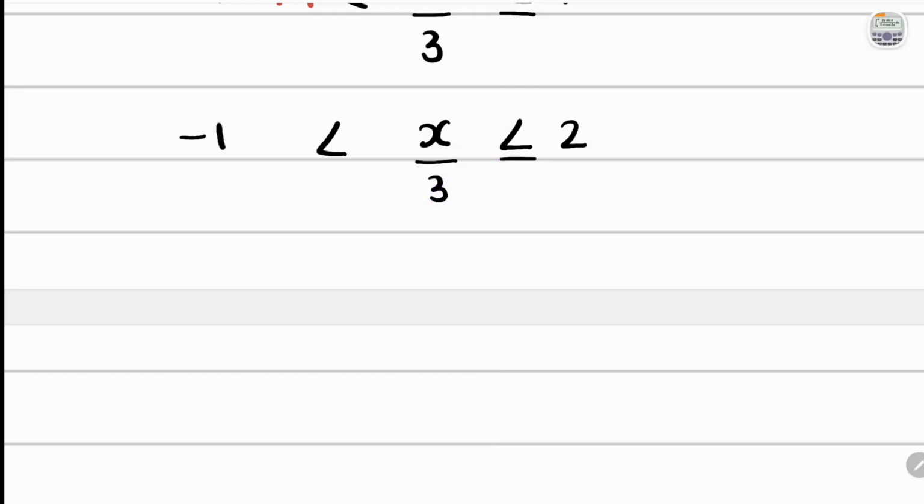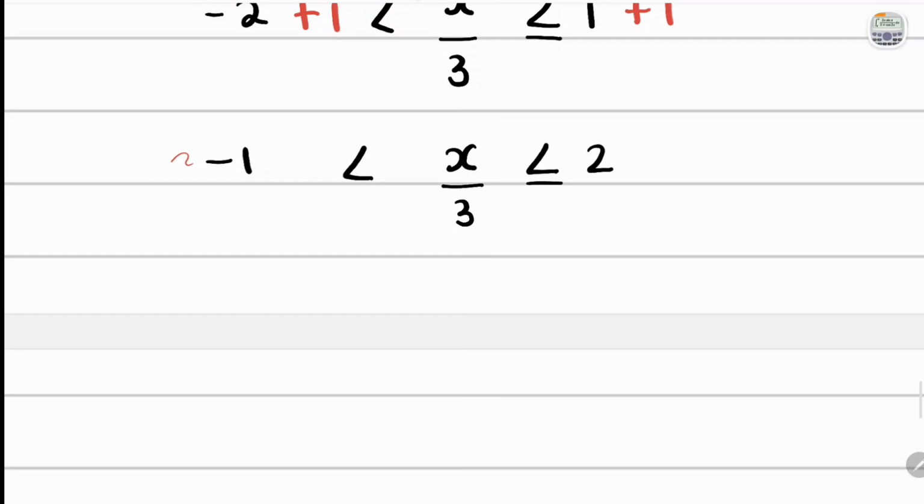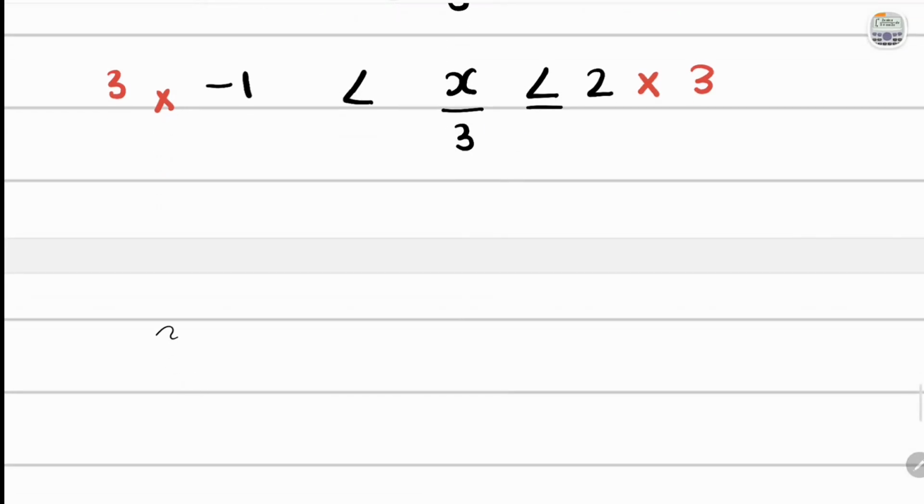But this is an inequality, or double inequality. So what you do here, you must do on both sides. What you do on the one side, you must do on the other side. So here we're going to multiply by 3 and multiply by 3, and that's going to cancel out the 3. So you have 3 times -1, which is -3, and follow the inequality.